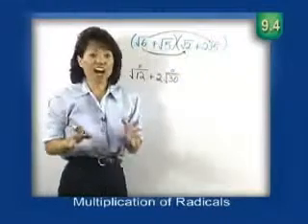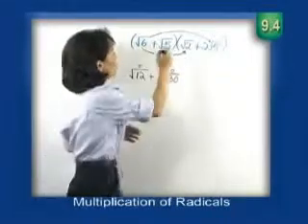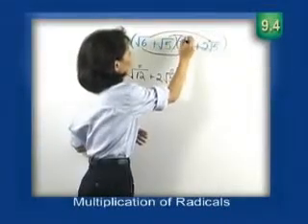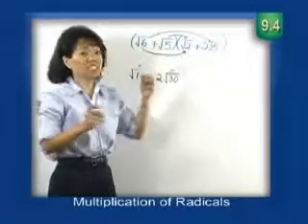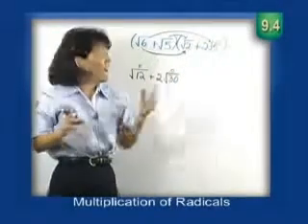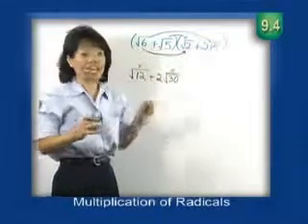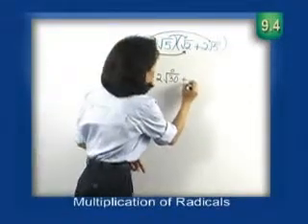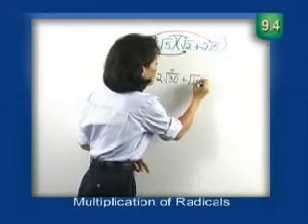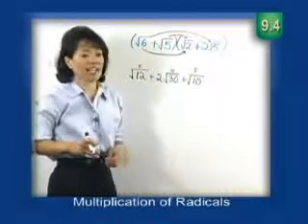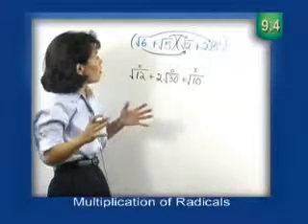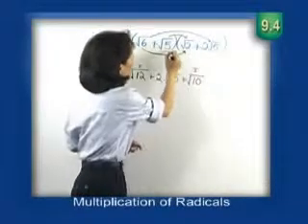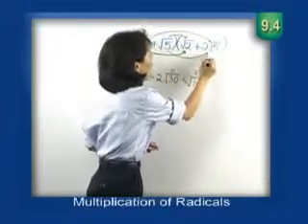So far we have F and we have O. Now we're ready for I. I is to multiply the two inside terms. Notice in my two inside terms, I have numbers under the radical sign, or I have just simply two radicands. So I'm going to multiply those together. 5 times 2 is 10. That gives me my I. Finally here, I'm going to multiply my two last terms together.